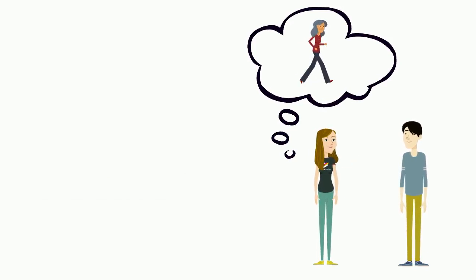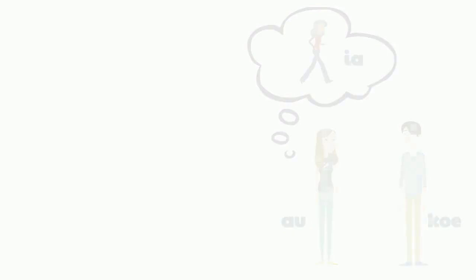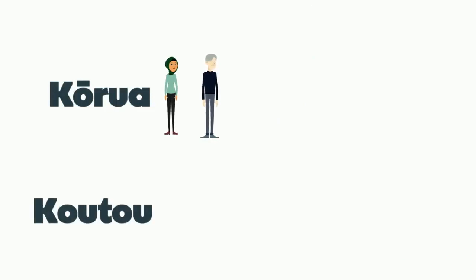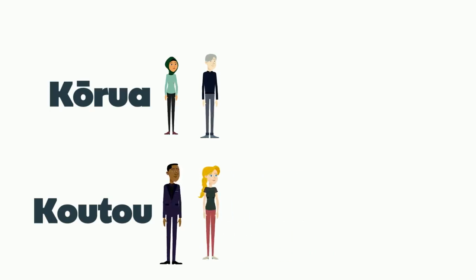In addition to au, koe, and ia, we can use the other pronouns for more people that we learned before. Let's practice using kōrua, which means you two, and koutou, which means you all, for 3 or more people.